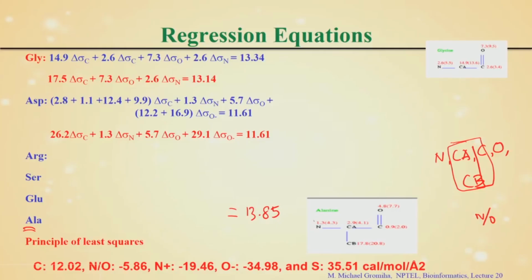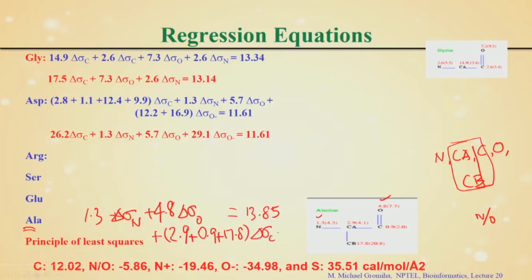In this case N is 1.3 delta sigma N, O is 4.8 delta sigma O, plus for the C, this is 2.9 plus 0.9 plus 17.8 delta sigma C.